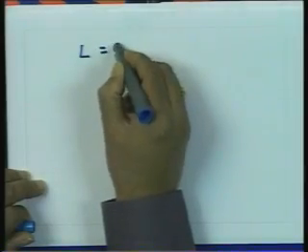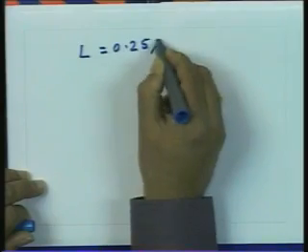Let us take a simple example to find out what physical parameters we will have on a transmission line if we take some typical line parameters. Let us say I have a transmission line whose primary constants are given as L equal to 0.25 microhenry per meter.